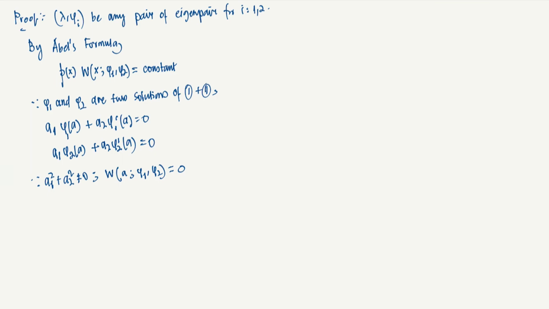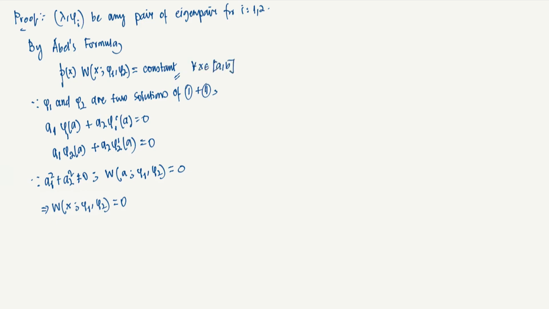Now if the Wronskian at the point a is 0, that will imply that the Wronskian of phi1 and phi2 at every point is going to be 0. Why is it true? By Abel's formula, p(x) times the Wronskian is constant for all x in (a, b). Clear?